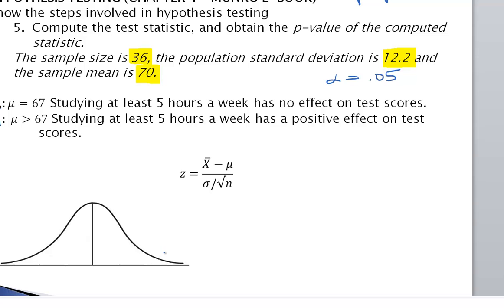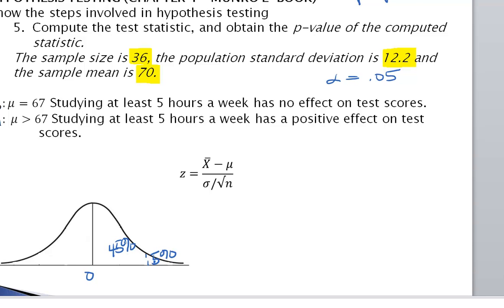Our significance level was picked ahead of time. 0.05 is the same as 5%, so I'm just going to write it as 5%. And if this is 5%, well, then we know that this is 45%.